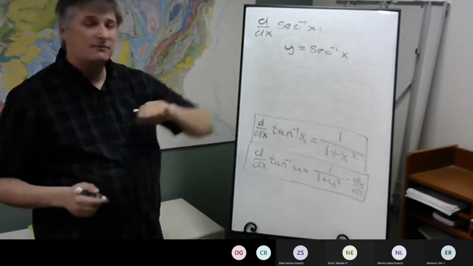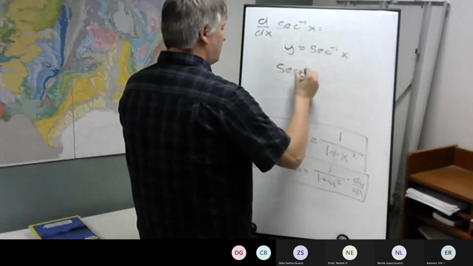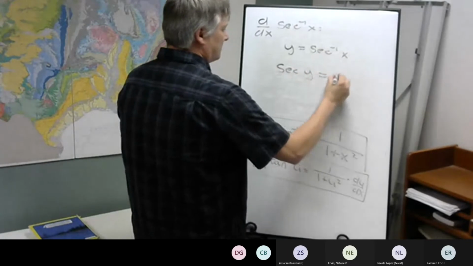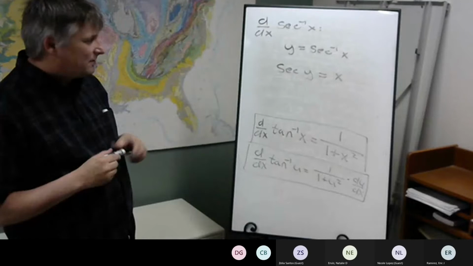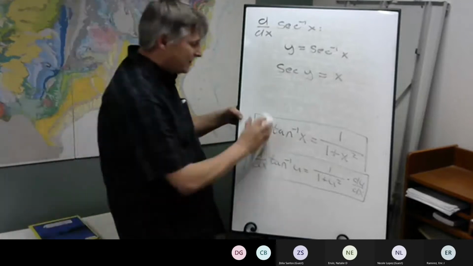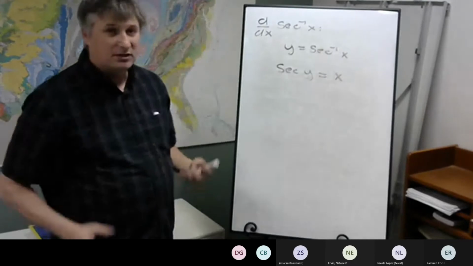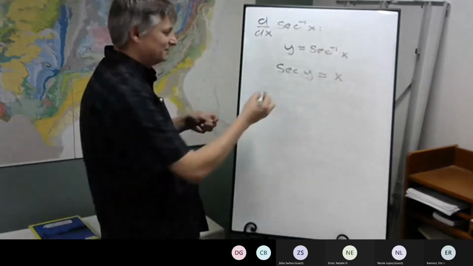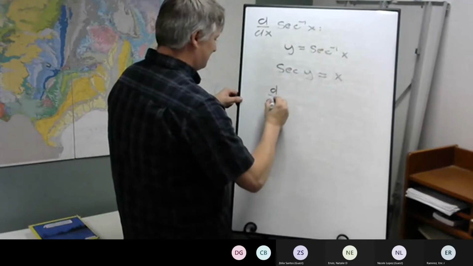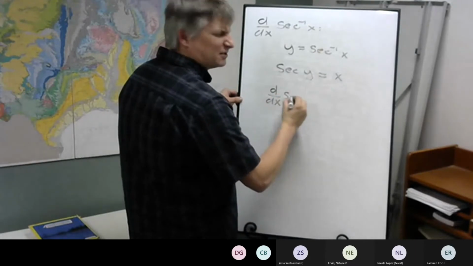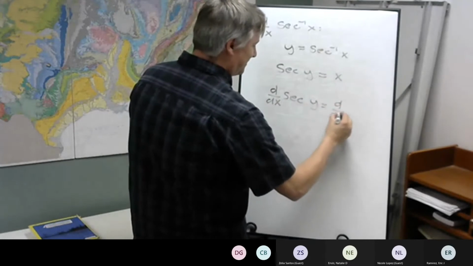If y is secant inverse of x, that means the secant of y gave us x. So now we're going to take the derivative of both sides. So this means we're going to get some chain rule and some implicit differentiation, which is never a bad thing. Well, perhaps I shouldn't say never, but it can be a fun thing.